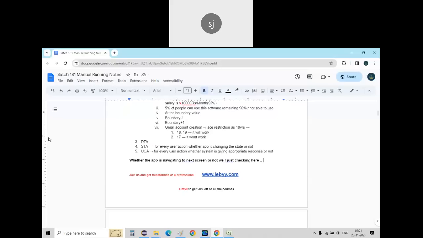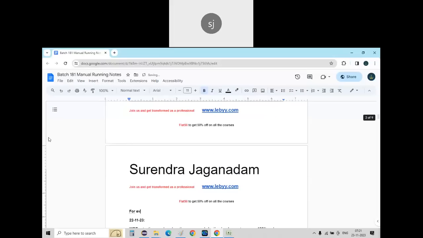Ideally, I can compare this to the fact that for every action, there should be a response from your application. Consider an ATM machine as an example. If you insert your card into the ATM machine, what should happen, guys? It should show up options.